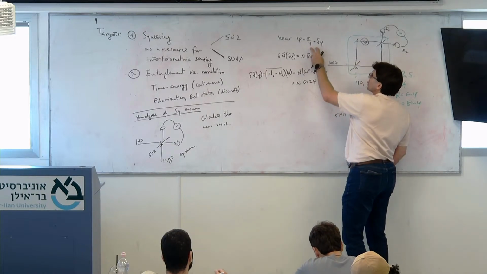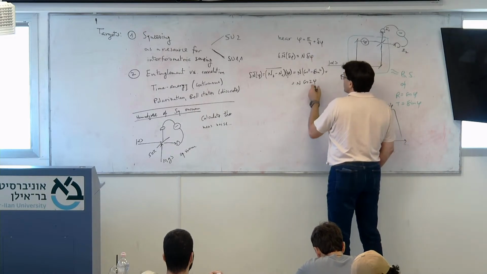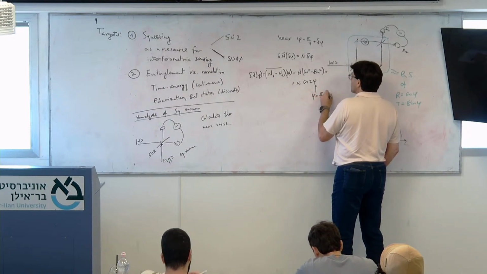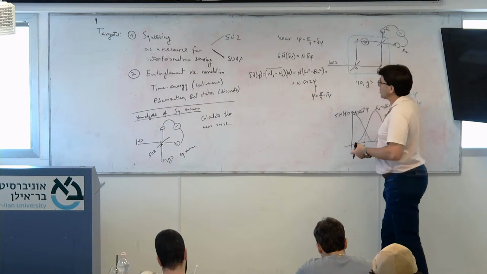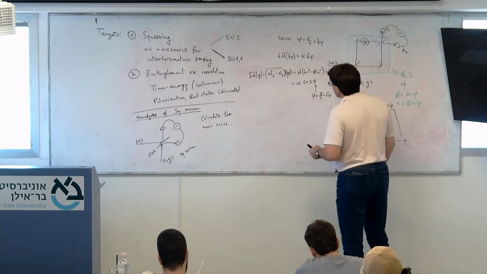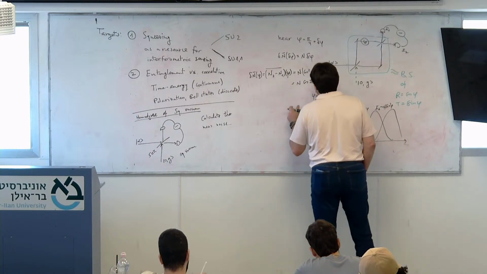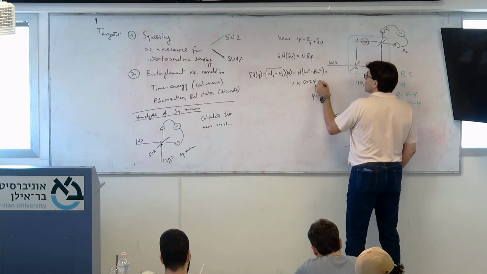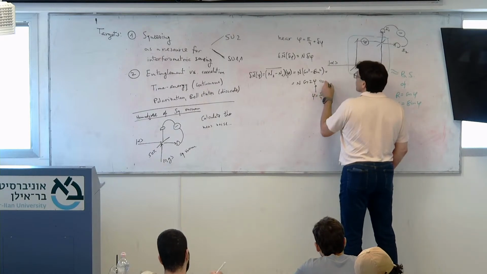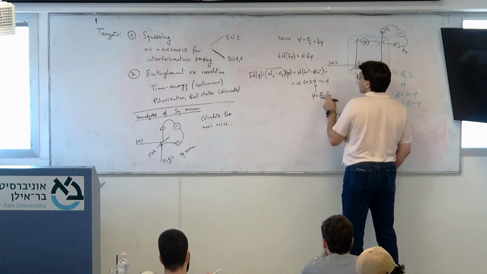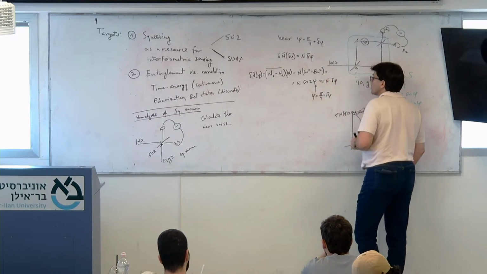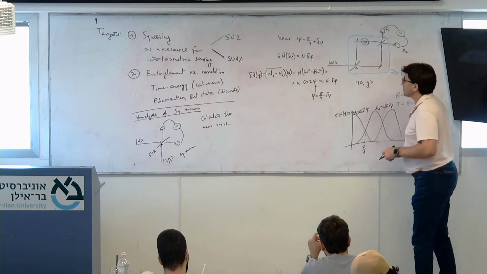So in that vicinity, if phi equals pi over 4 plus delta phi, near this vicinity, we will have, so I may say that this is approximately n times delta phi.